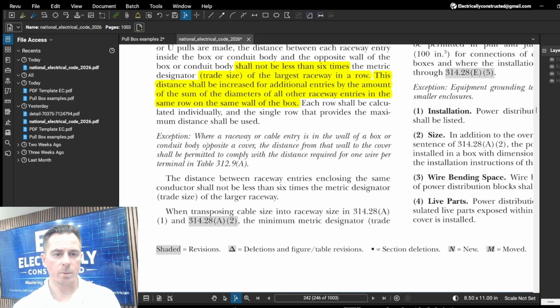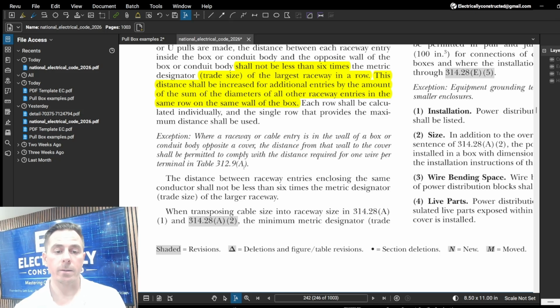We're going to go to this exception real quick. Where a raceway or cable entry is in the wall of a box or conduit body opposite a cover, the distance from that wall or the cover shall be permitted to comply with the distance required for 1 wire per terminal in Table 312.6(A).